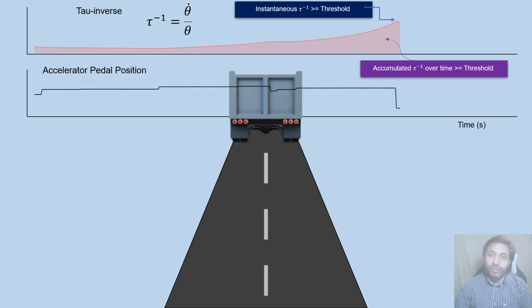Another approach, which is quite recent and provided by Markkula et al., assumes that it is not a single value of the visual variable that the driver uses to perceive that the lead vehicle is slow, but rather the driver accumulates the visual variable, for example tau inverse, over time, and when the accumulated tau inverse exceeds a certain threshold, the driver starts to react by either applying brakes or releasing the accelerator.